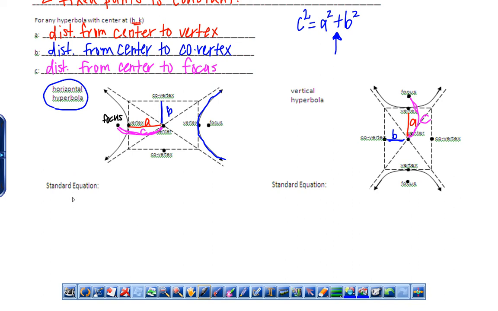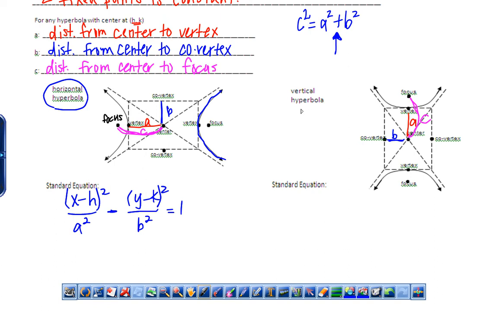So I'm going to say x minus our center h, quantity squared, it's a difference, so it's minus, and then y minus k, quantity squared, equal to 1. The first is over a squared, the second is over b squared. So that's our horizontal. Kind of looks exactly like the ellipse.